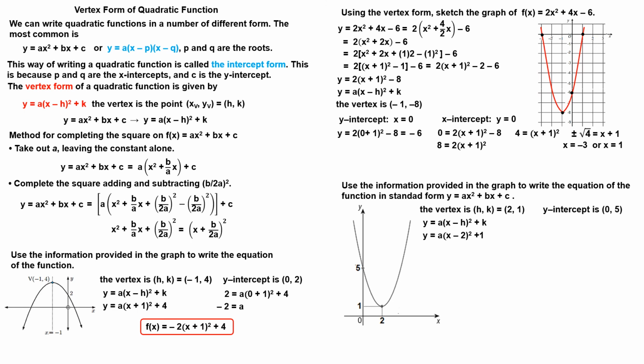Replace x with 0 and y with 5. Perform the calculations to get the value of a. Take the vertex form and replace a with 1. Expand the brackets and simplify.